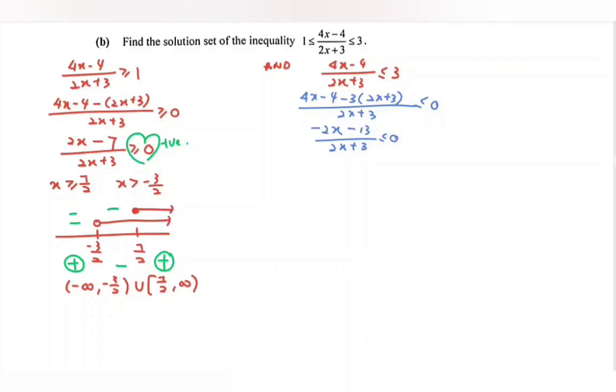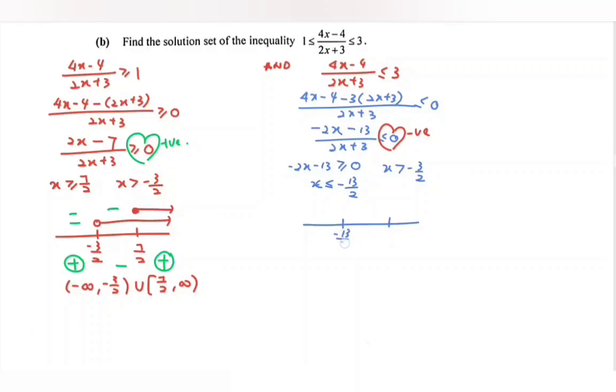So continue, determine the sign, we have the negative. So from here, we have negative 2x minus 13 greater equals to 0. So x less than equals to negative 13 over 2. Continue. x is greater than negative 3 over 2. By using the number line, illustrate the situation. So in here, we have the situation.